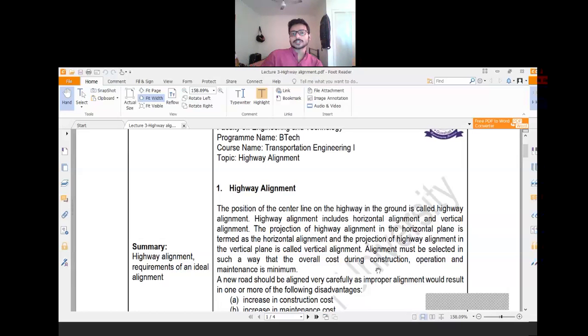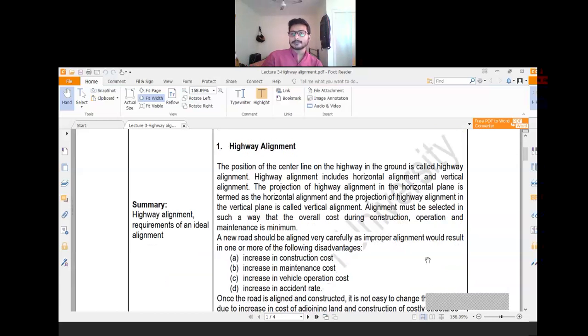Now, the projection of highway alignment in the horizontal plane is termed horizontal alignment, and the projection of highway alignment in the vertical plane is called vertical alignment. A road alignment should be selected in such a way that the overall cost during construction, operation, and maintenance is minimal.